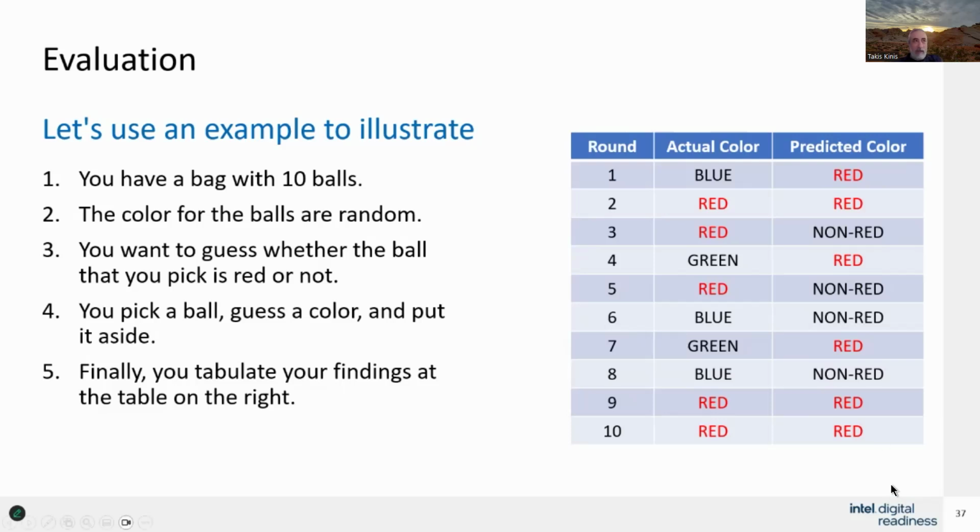So it's safe to assume, as you can tell here, there are 10 tries. The person made 6 guesses for red and 4 guesses for not red, right? And then when we look back at the actual color that was picked, we kept track of that, and it turned out it was blue. So the first one's wrong, the second one was correct, the third one was incorrect, the fourth one was incorrect, and so on, with the last two correct.